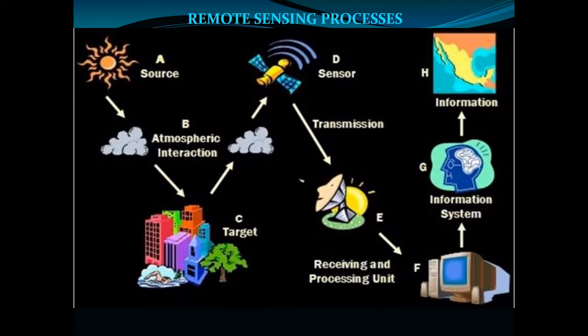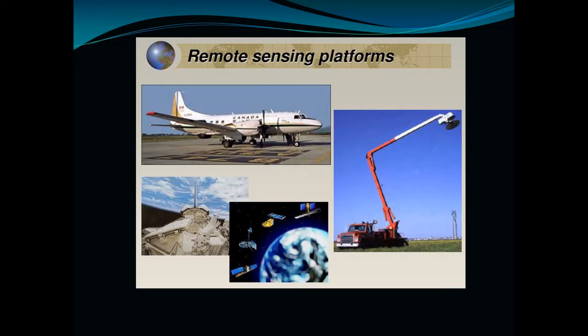Once you obtain the information, you have rectification and enhancement processes. In interpretation, ground truth information also has to be added. And finally, we do thematic map integration for various applications that will ultimately be used by decision makers. So these are the parameters involved in a typical remote sensing program.